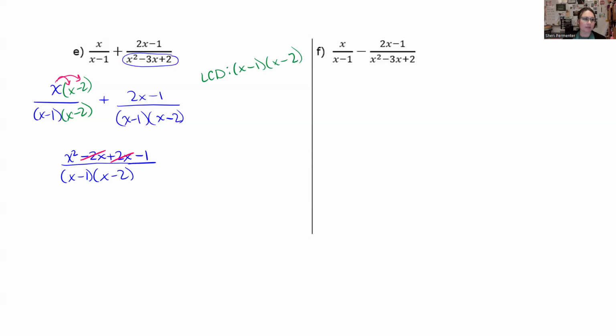So I can rewrite this. I end up with x squared minus 1 over x minus 1 and x minus 2. We have to double check to see, can the numerator be factored? Is x squared minus 1 something we can factor?